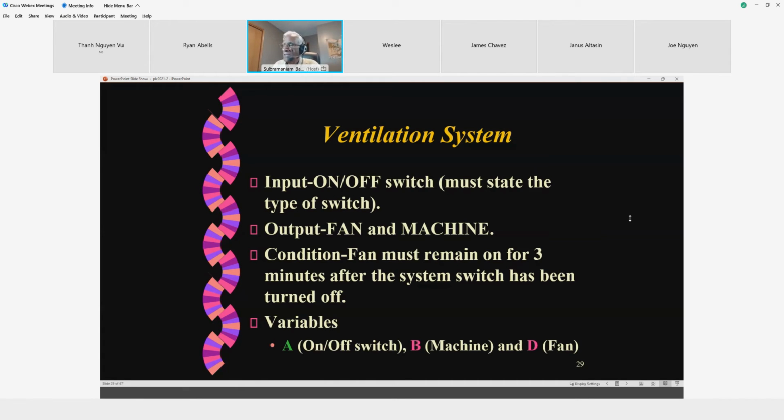So keeping that convention, there is no convention. That's my convention. A, identified as in green, is an input on-off switch. Permanently on, permanently off for this problem. Capital B, red, is an output, the machine or the bulb or whatever. And the D is the fan.